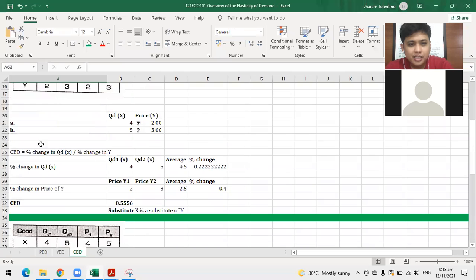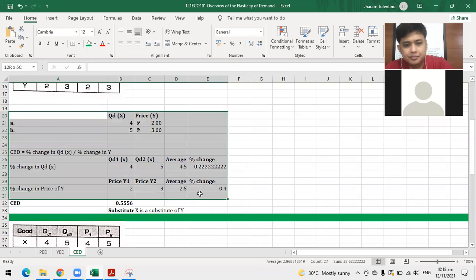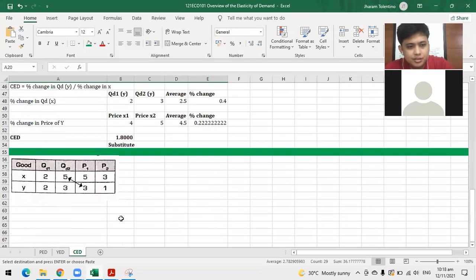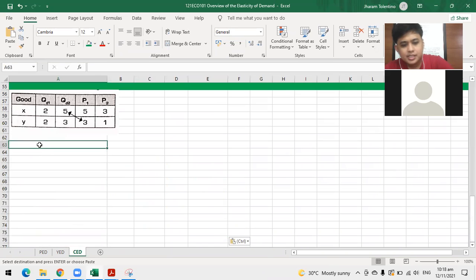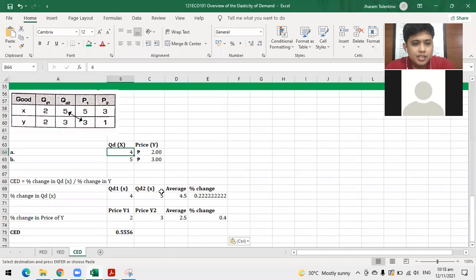Okay, so copy na lang natin to for the computation. So, bilis. Kasi tamad si Sir Jack. Okay, so titingnan natin this changes in the quantity demanded with the changes of price of Y. So this one, from 2 naging 5 for the price of 3 naging piso.